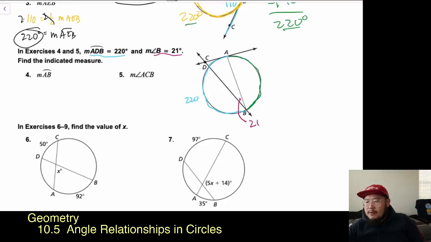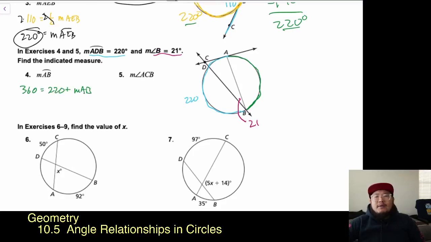But remember, we have ADB, which is 220 degrees of this circle. So remember, the whole circle is 360. That's going to be equal to 220 plus the measure of arc AB. It's all about setting up the equation. So that's why I'm trying to show you right here.